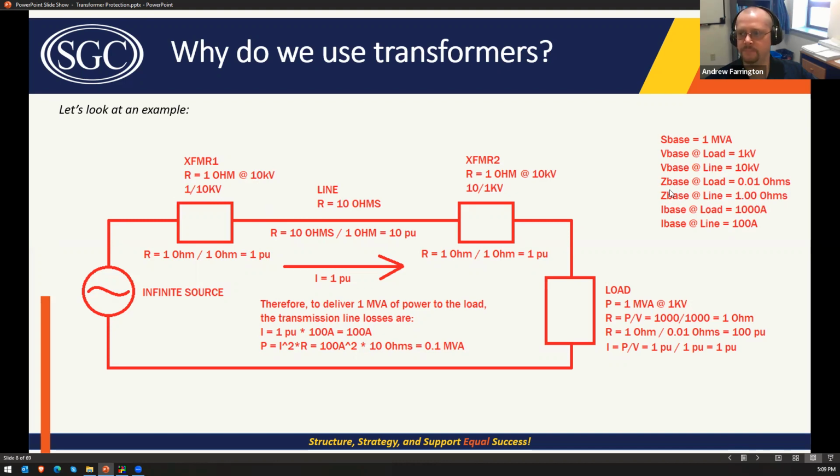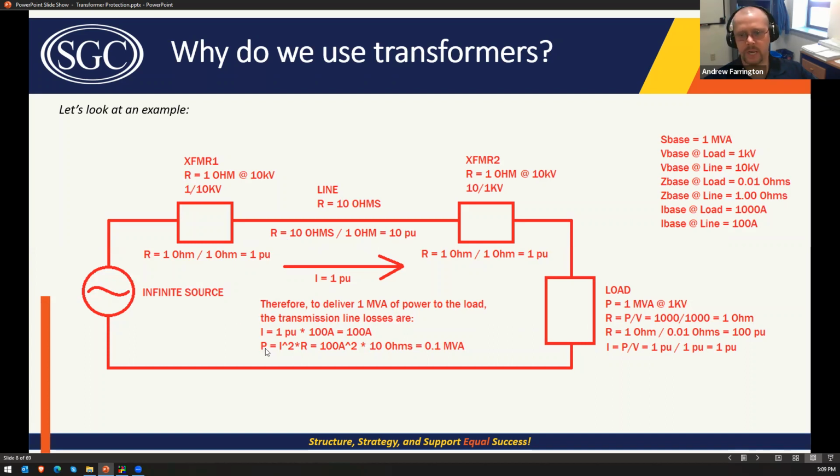The I base at the load is still 1,000 amps, but the I base on the line is 100 amps. And in order to deliver 1 MVA of power to the load, you now only require 100 amps of current on the transmission line.